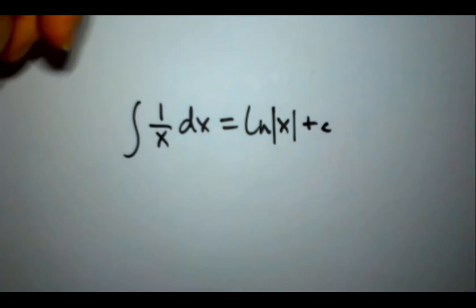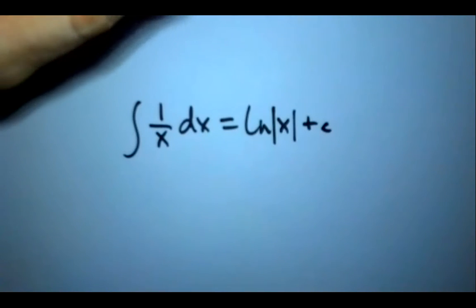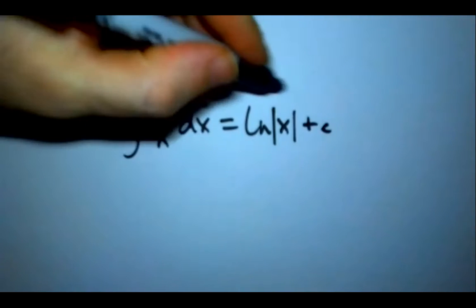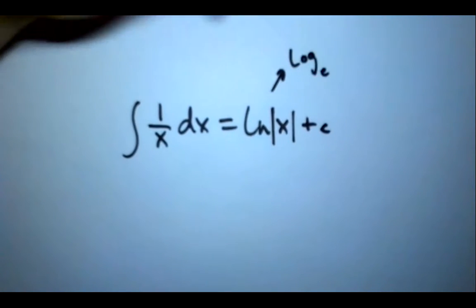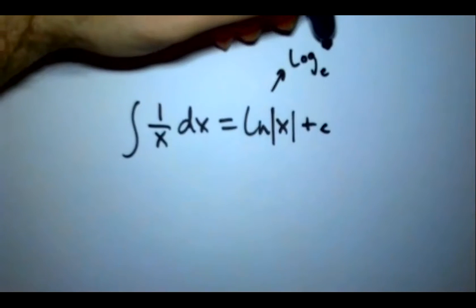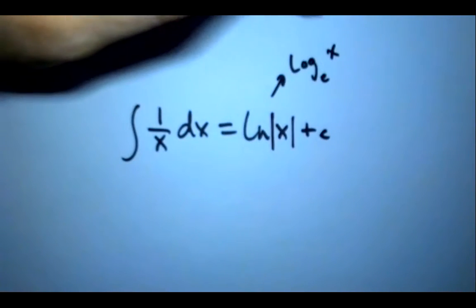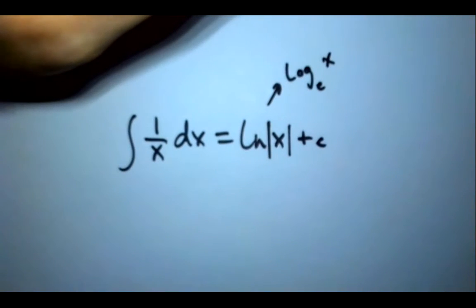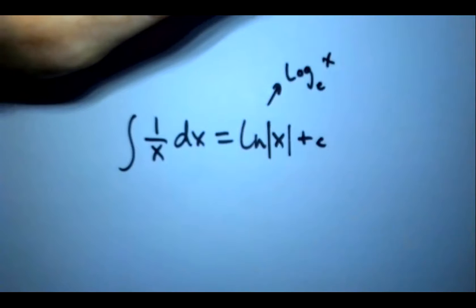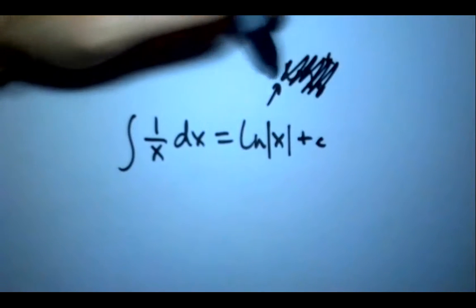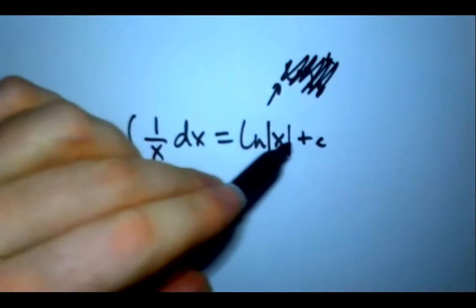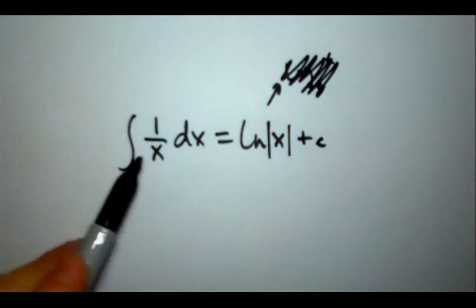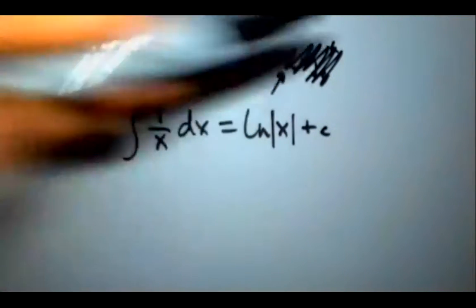The reasoning is that when you backtrack, natural log is really log base e of x, and it's like saying e to what power is equal to something. It can never be negative. It wouldn't come out with a negative answer. The absolute value sign is just guaranteeing you a positive answer. I would just turn your brain off, accept it, and memorize it: when you integrate this little situation, just tack on absolute value symbols.